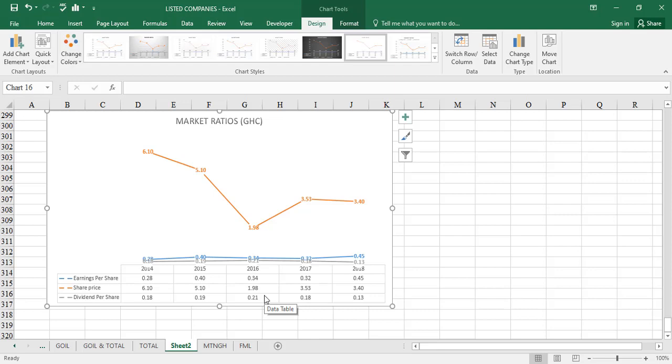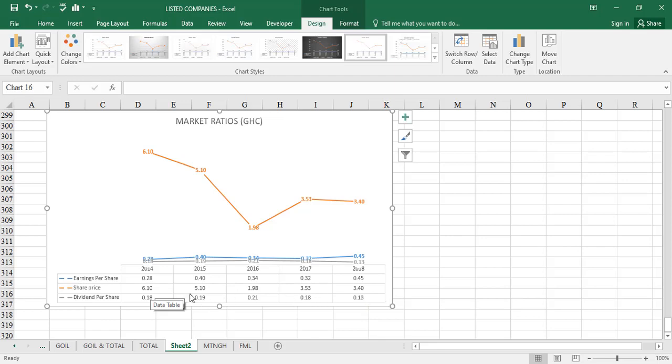Well, there are a whole lot of factors that may have caused this, because demand and supply really changes the price of stocks. You may have to look out for a lot of explanation as to why the share price declined to 1 cedi 98 pesewas. However, we can see that from 2017 to 2018, it has picked up.